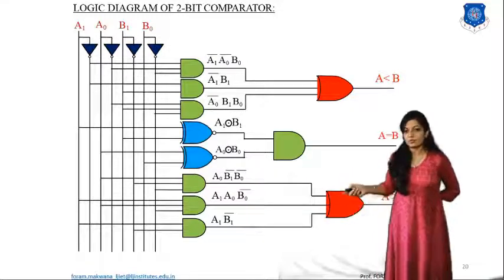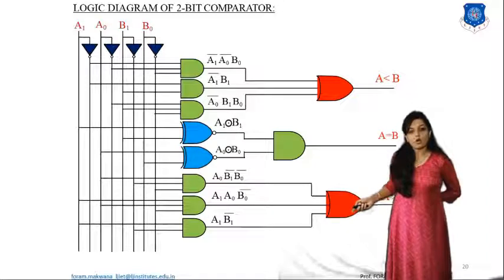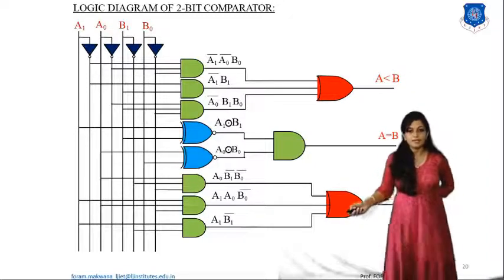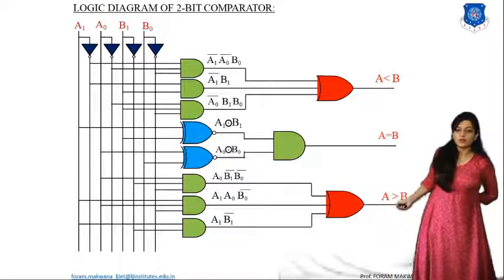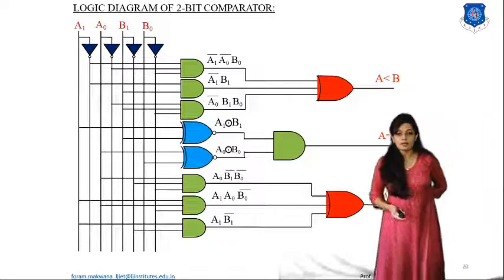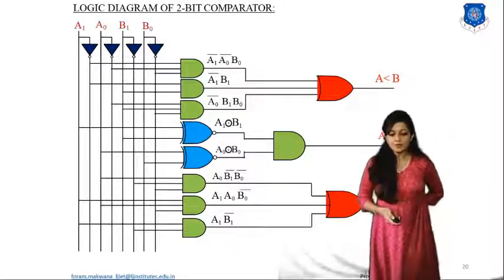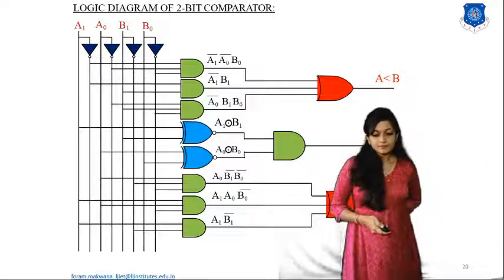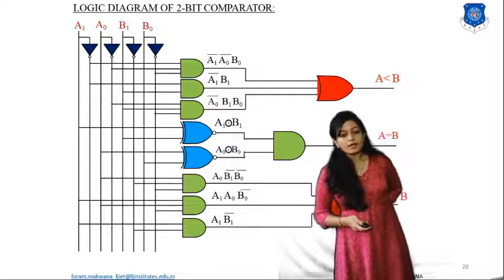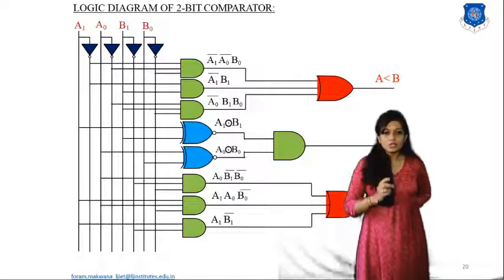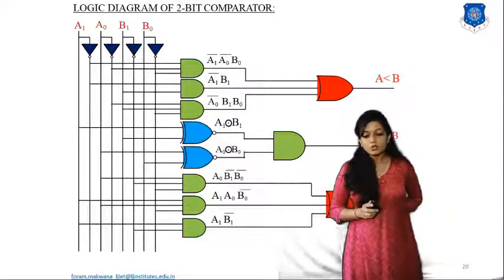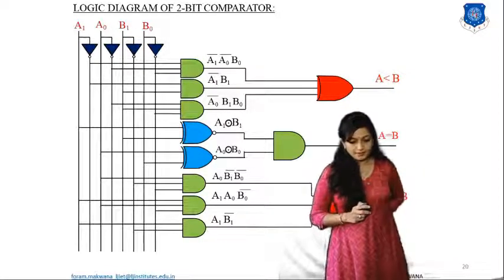All these outputs are applied to the OR gate. That's why we are getting the output for A greater than B. So we have seen the logical diagram of the 2-bit comparator.